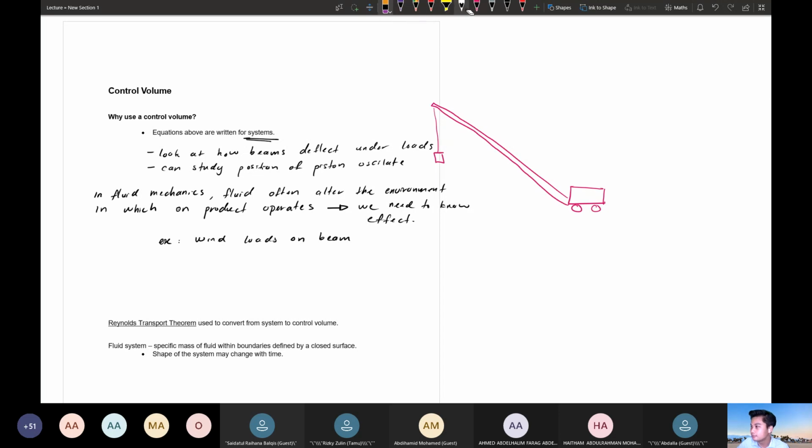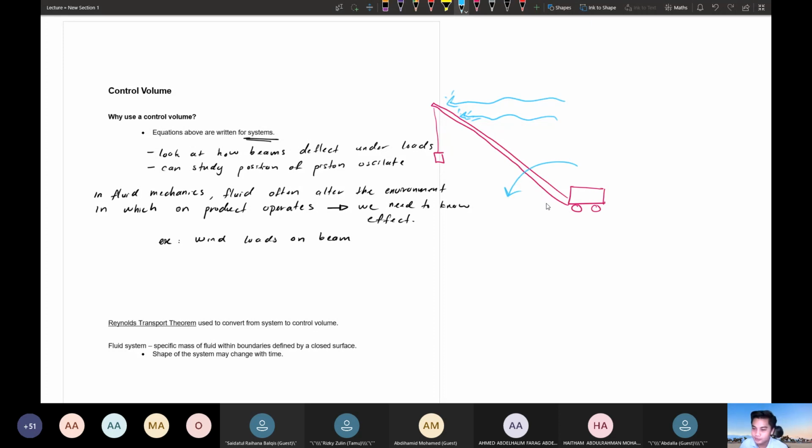For example, okay, we have the wind direction from this. Okay, the wind direction hitting this. Okay, and then supposedly without the wind, the crane operator managed to lift this load. When there are huge amounts of wind, definitely this crane will topple down.